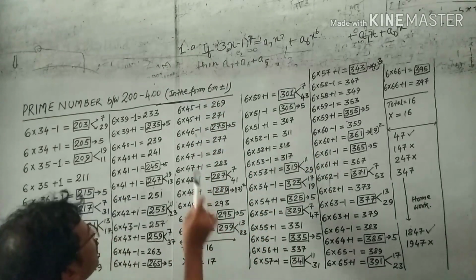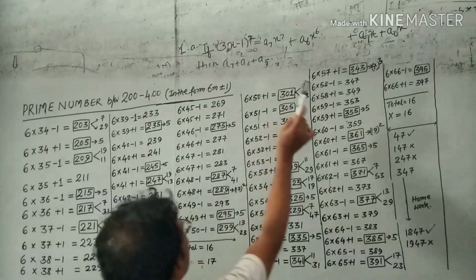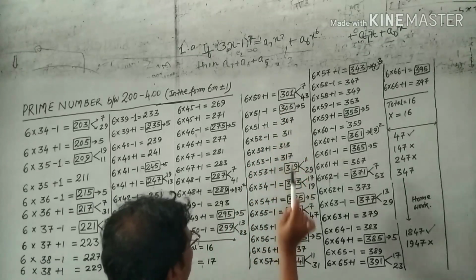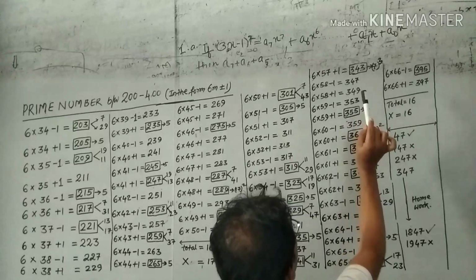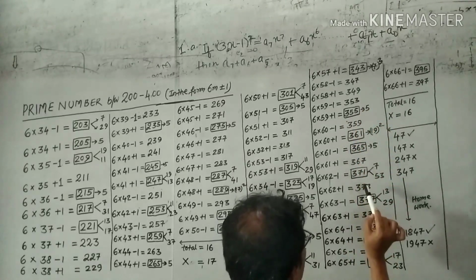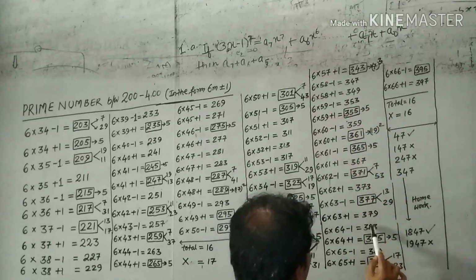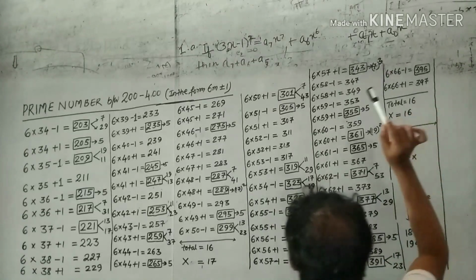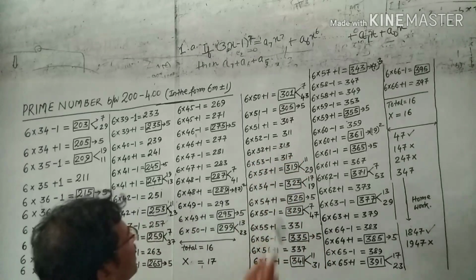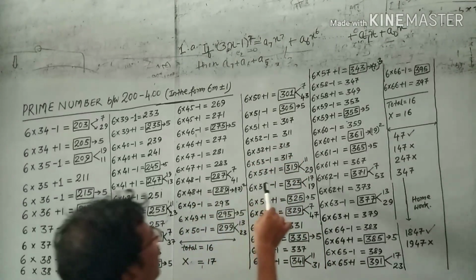Let's count. That is 1, 2, 3, 4, 5, 6, 7, 8, 9, 10, 11, 12, 13, 14, 15. This one is 16. Here is something interesting.